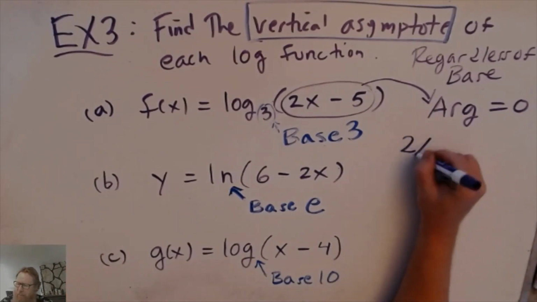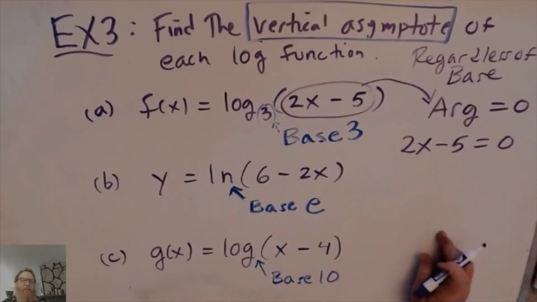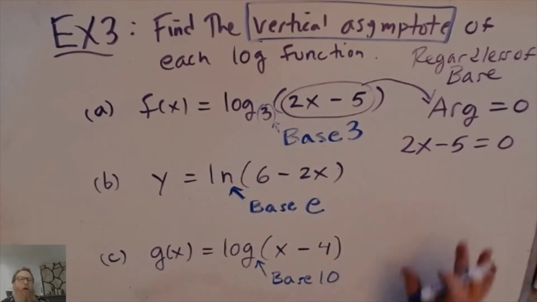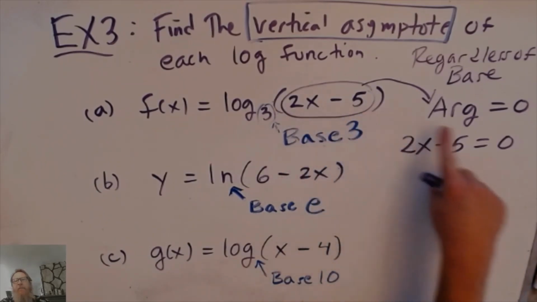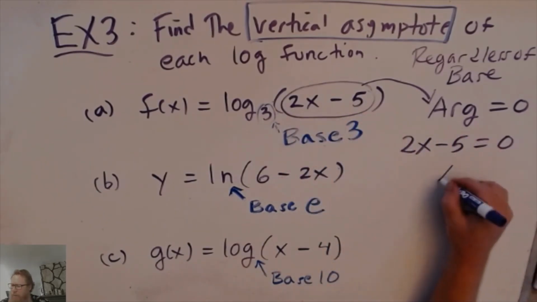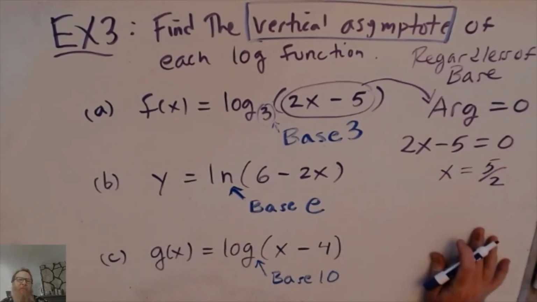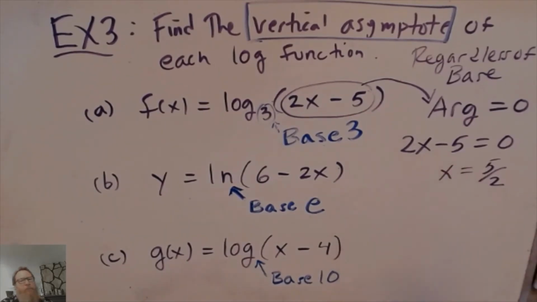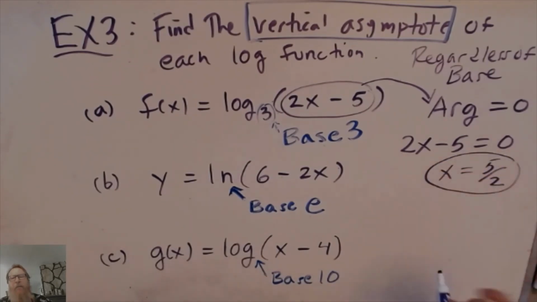And this is what I meant in the last example when I said I'm never going to give you an equation that you can't solve, or that you shouldn't already know how to solve if you're in this class. So you have 2x minus 5. You're just going to set that equal to 0 and solve it. I don't even have to show you the steps for this. If I have to show you the steps at this point, it's pointless, right? I think you can all do that. So you have x is equal to 5 halves, or you could say 2.5, same thing.